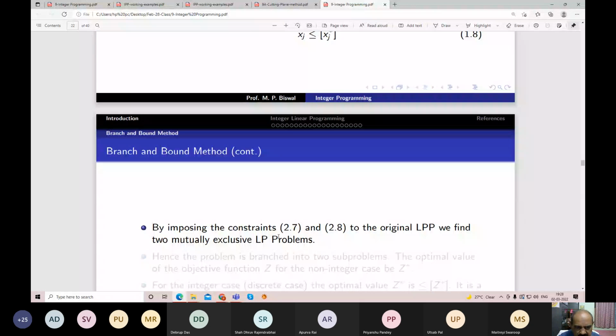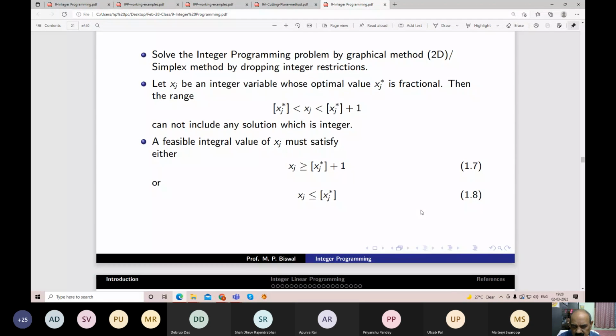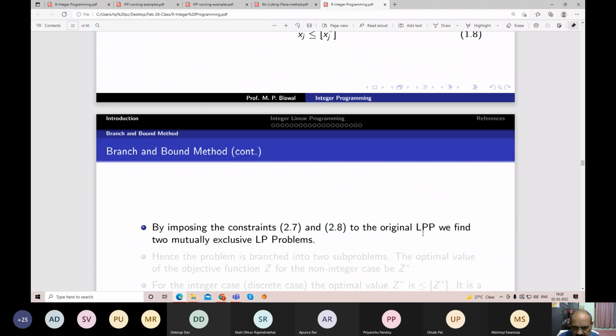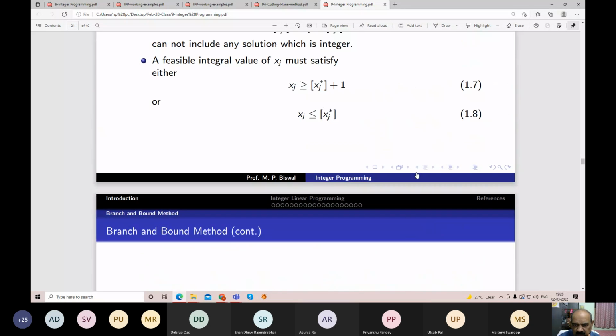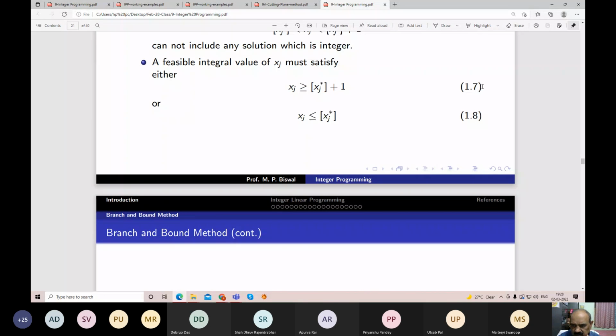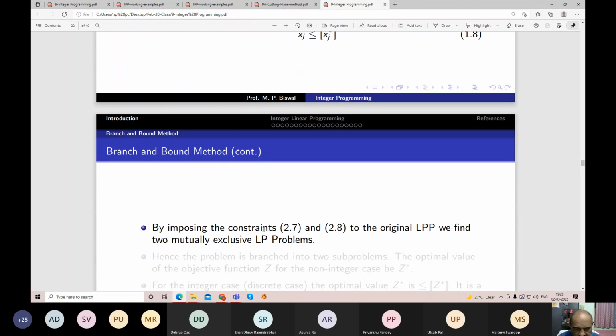By imposing the constraints 1.7 and 1.8 on the original LPP, we find two mutually exclusive LP problems.